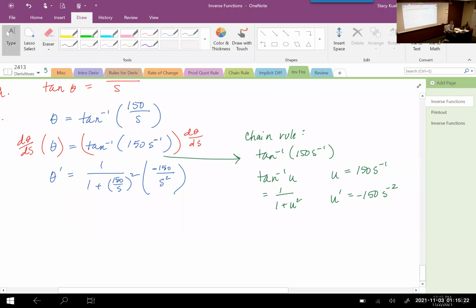So I can clean that up. Theta prime is equal to -150 over s squared times 1 plus 150 squared over s squared.